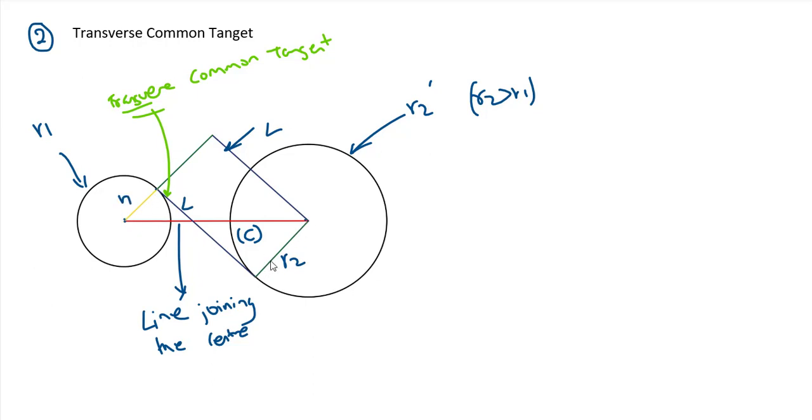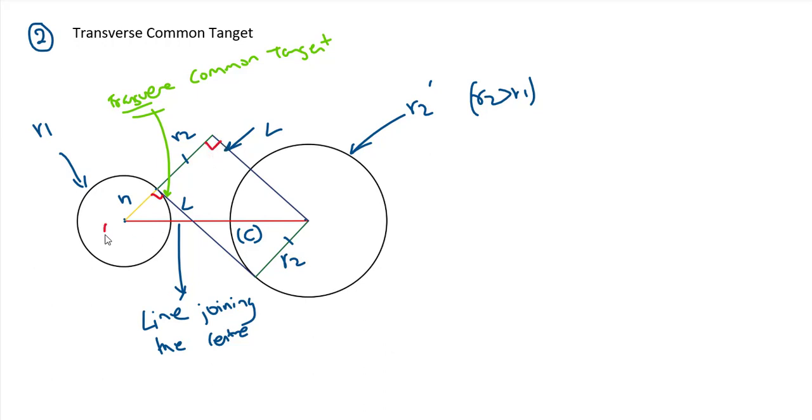This line we have just extended, so this line is parallel to this line. So if this length is R2, this length will be R2 as well. Now this is the radial line, this is the tangent line. The radius line is always perpendicular to the tangent line, so this angle will be 90 degrees. If this angle is 90 degrees, this angle will also be 90 degrees.